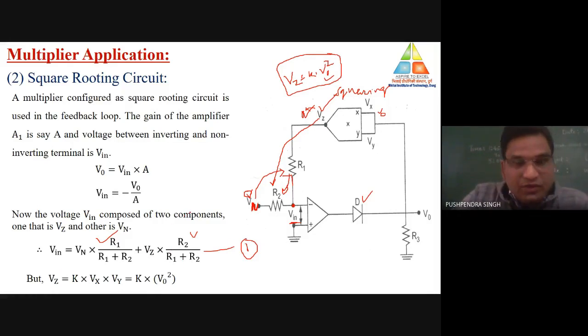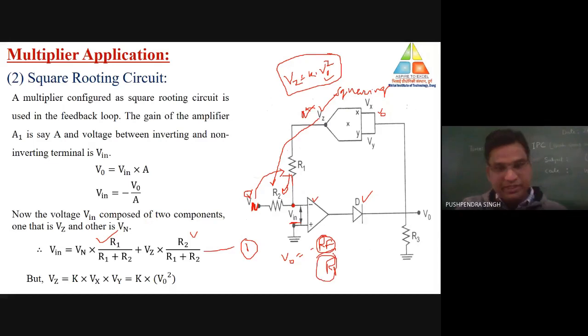Now, what would be the gain of the circuit? Simple, this is the connection of the inverting amplifier. So the gain of the inverting amplifier is what? V naught is equal to minus of Rf divided by Rin, where Rf is the feedback impedance and R1 is the input impedance, into Vin.